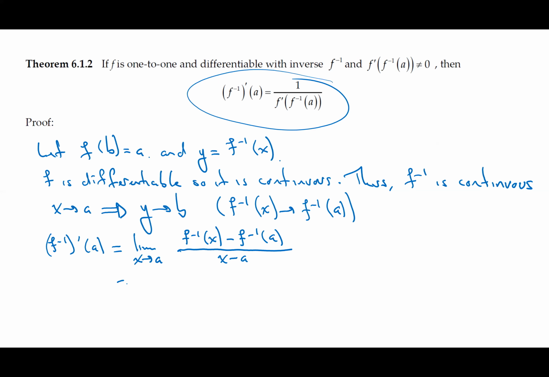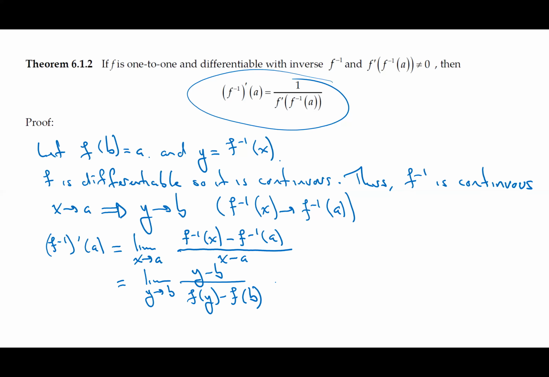Well, this is just the limit as y goes to b, right? Because f inverse of x is y. f inverse of a is my b. So y minus b over f of y minus f of b, okay?